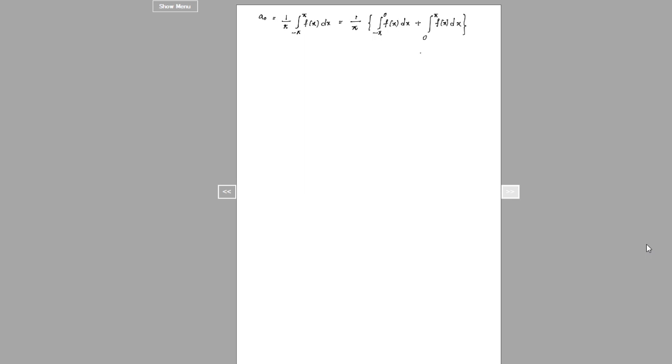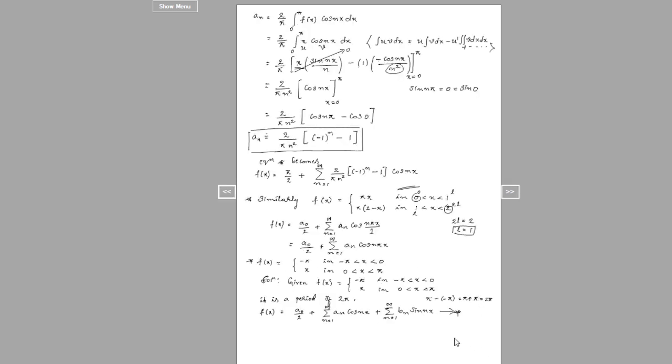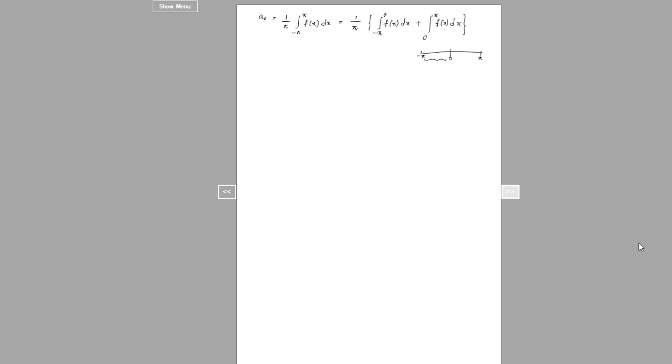As in the given problem, the function is split like this: minus pi, 0, pi. In the interval minus pi to 0, the function is defined as minus pi. In the interval 0 to pi, the function is defined as x.